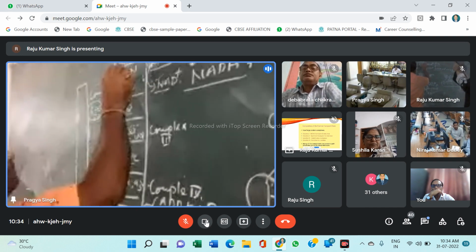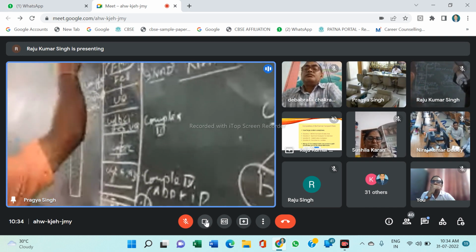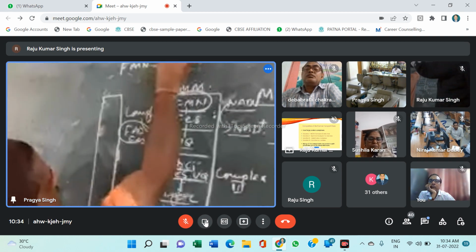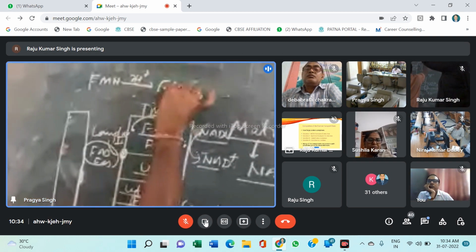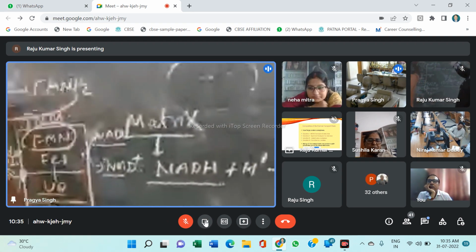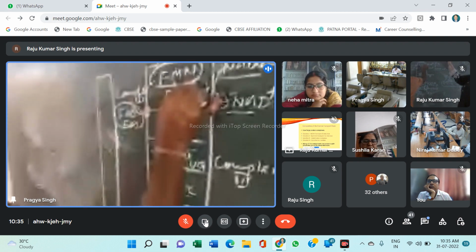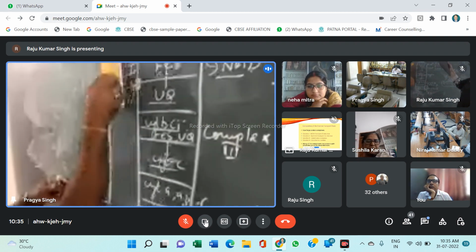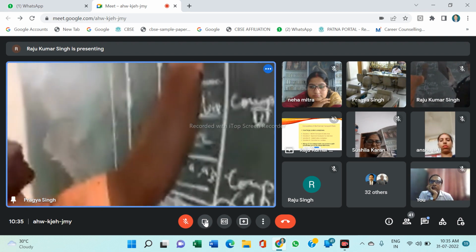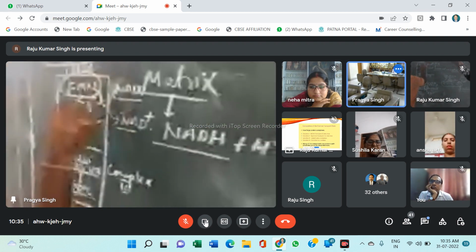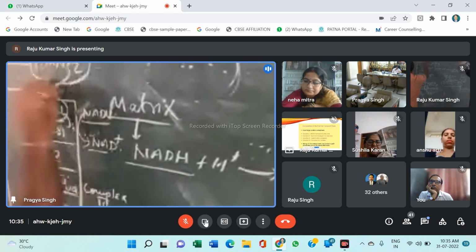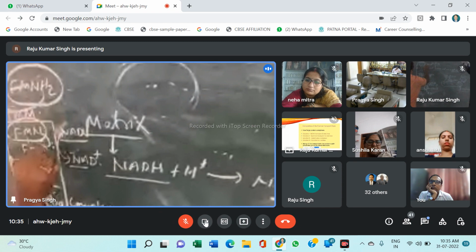So this FMN, if it takes this 2H plus, it will be reduced to FMNH2, and again they will be oxidized here. So they are being converted into the form of FMNH2 here.